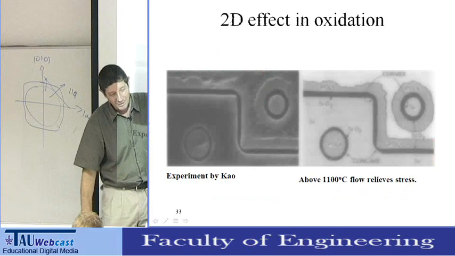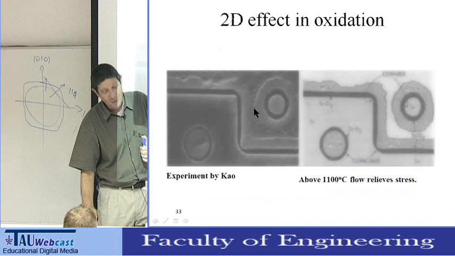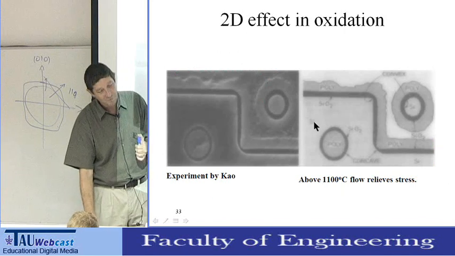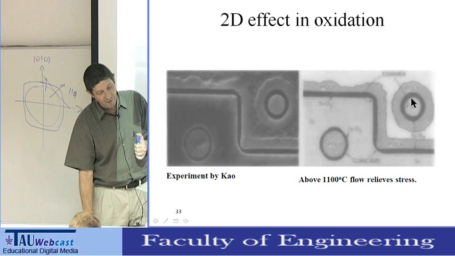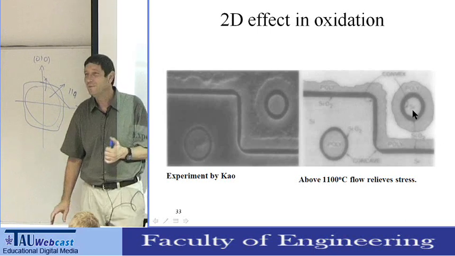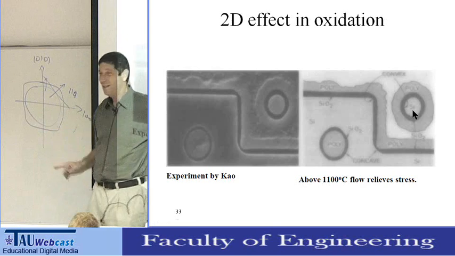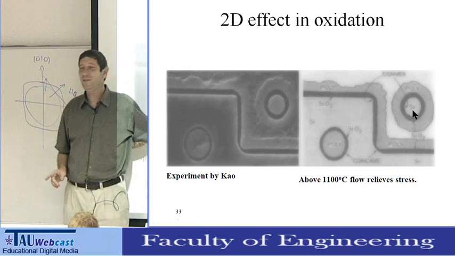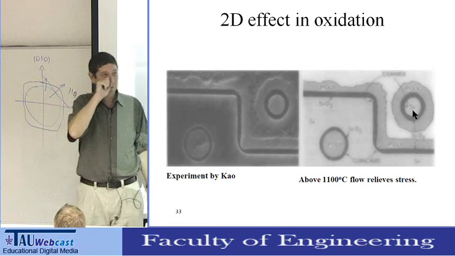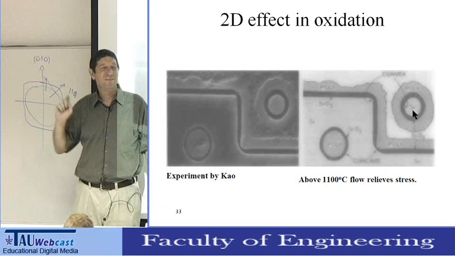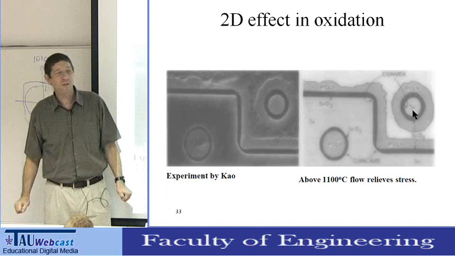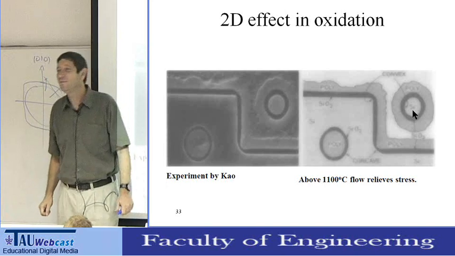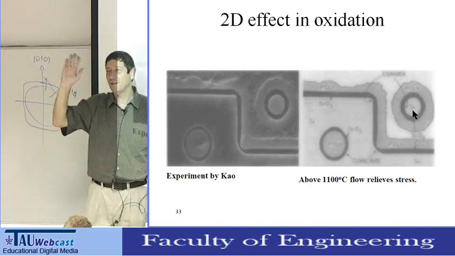You can play games. This is how it looks, actually. People actually did it, believe it or not. The problem is that I neglected one thing here. What did I neglect in this assumption? Stress. Now, you remember the Le Chatelier principle in chemistry? Can somebody quote the Le Chatelier principle?